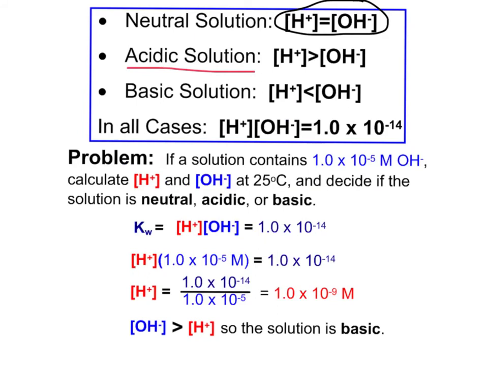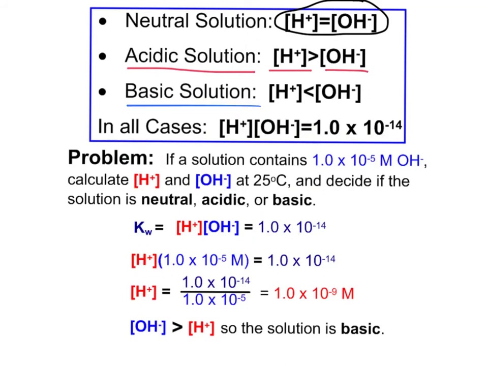Because in all cases, the concentration of hydrogen ions times the concentration of hydroxide ions always equals the same number. So if we pour in extra protons, this will be a higher number, that will go up, and this will drop. It will decrease because this is always the same. So in an acidic solution, the hydrogen ion concentration will always be greater than the hydroxide ion concentration.